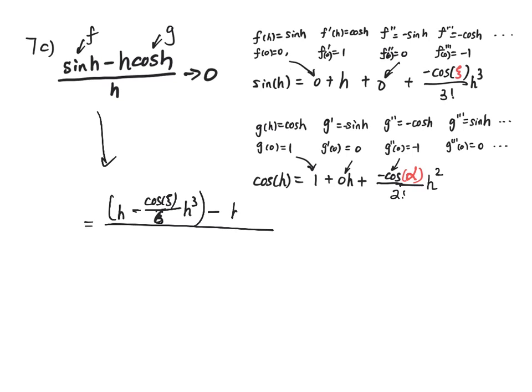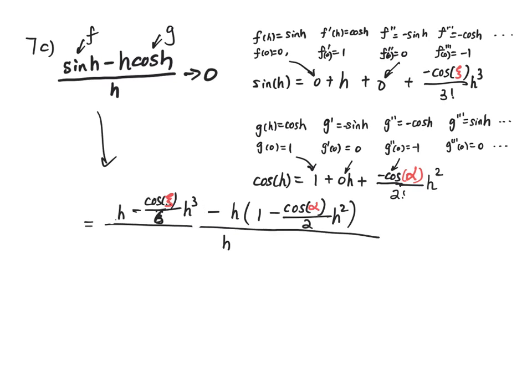So the next one will be h times my cosine h, which is 1 minus cosine. This time, by the way, this is xi and this is alpha. They're different. 2h squared over h. I'm gonna drop parentheses.